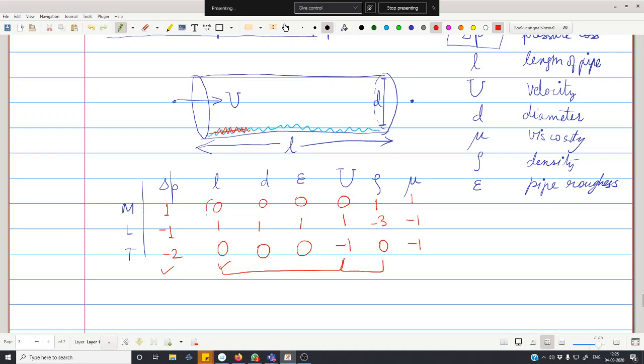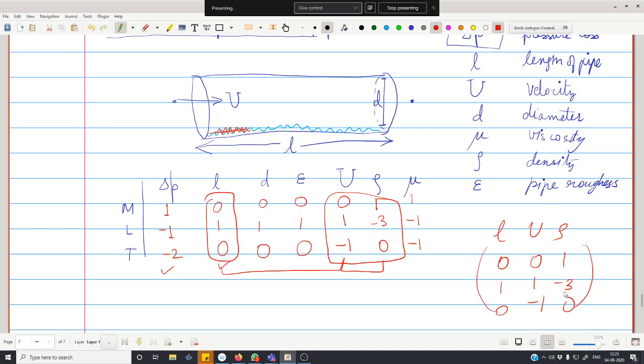So tell me, if I choose this submatrix, L, U and rho: 0, 1, 0; 0, 1, minus 1; 1, minus 3, 0. What is the determinant of this? The determinant is minus 1.